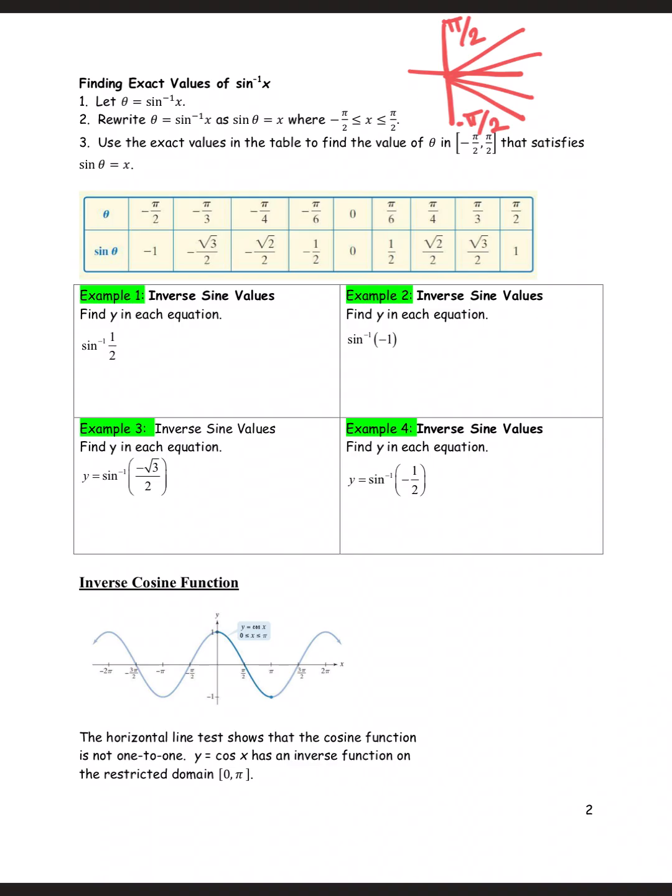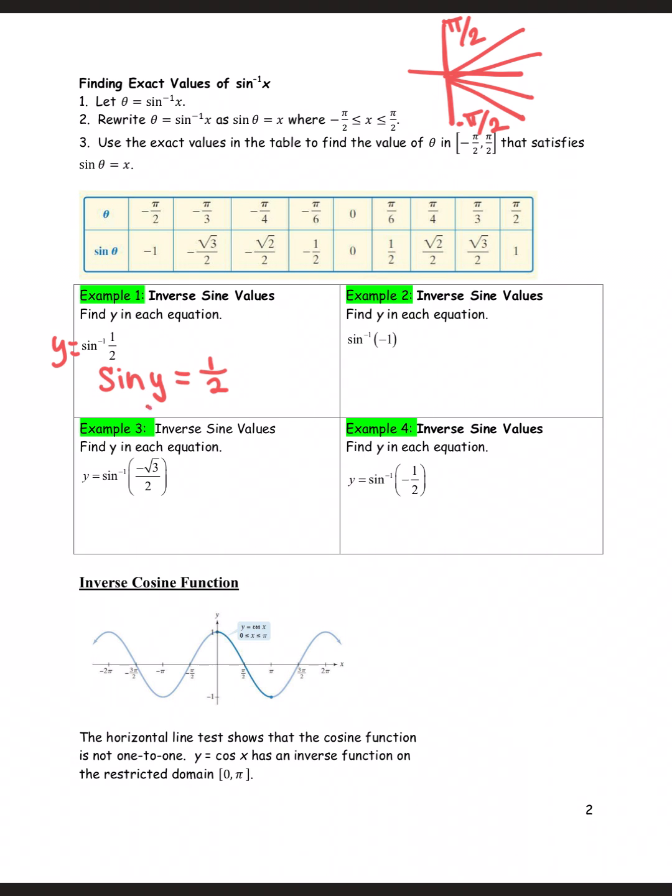Example 1, find y in each equation. We have the inverse sine of 1/2. So we're going to let that equal y. So we can rewrite that as sine of y equals 1/2. And now we're using the table or the unit circle. Where does sine of y equal 1/2? In other words, we're looking for the angle whose sine equals 1/2.